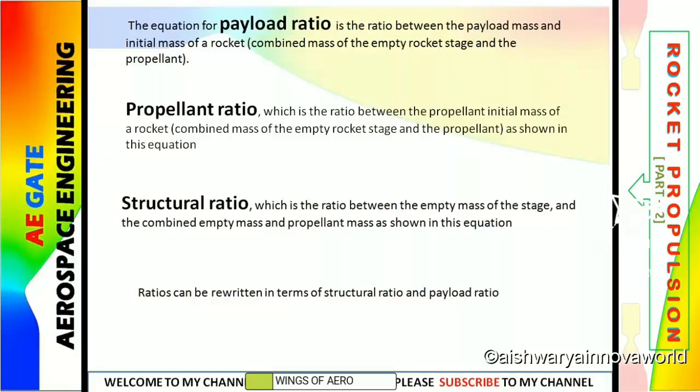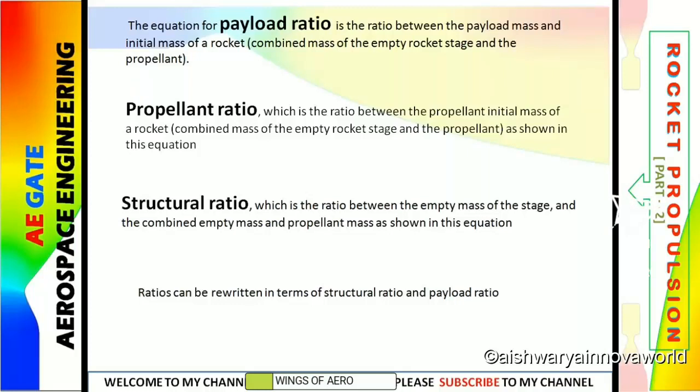Suppose I am taking a payload ratio, that means the mass of the payload will be in the numerator, and in the denominator will be the total or initial mass.